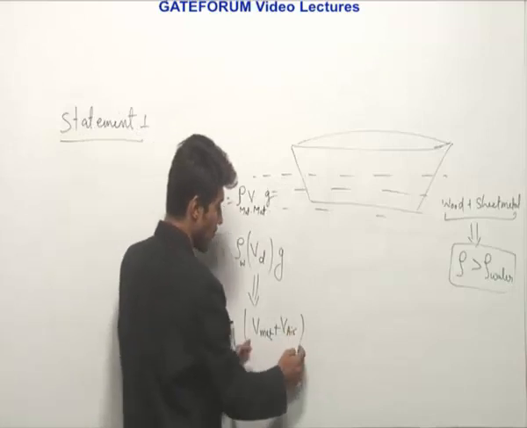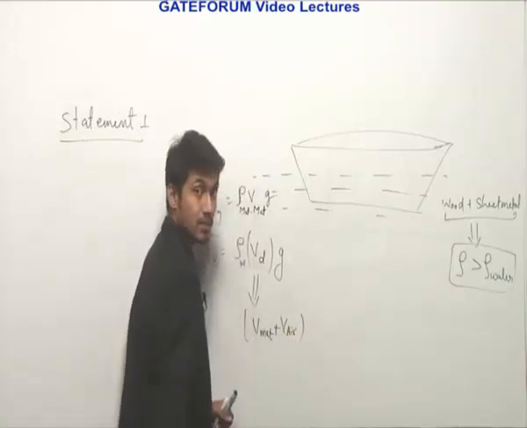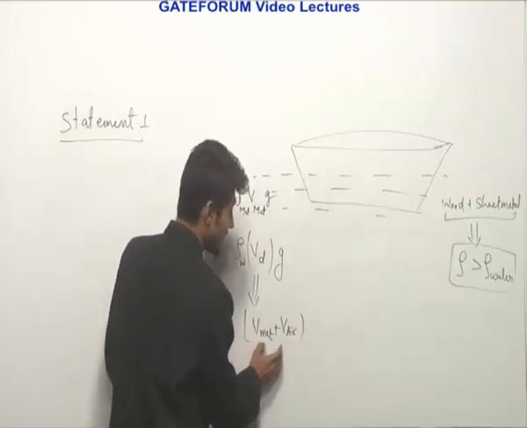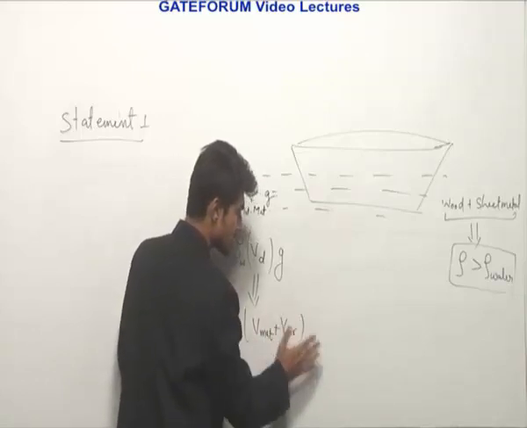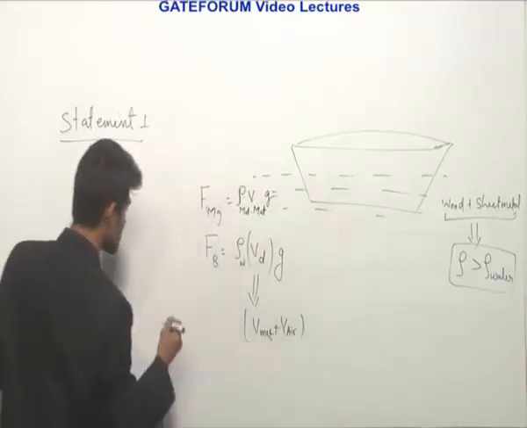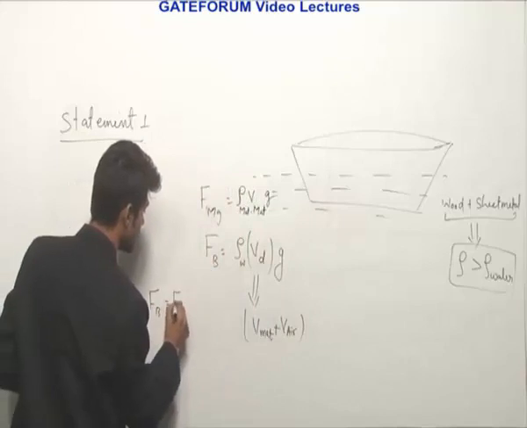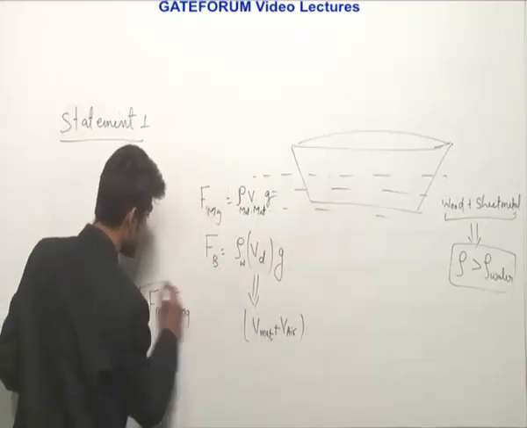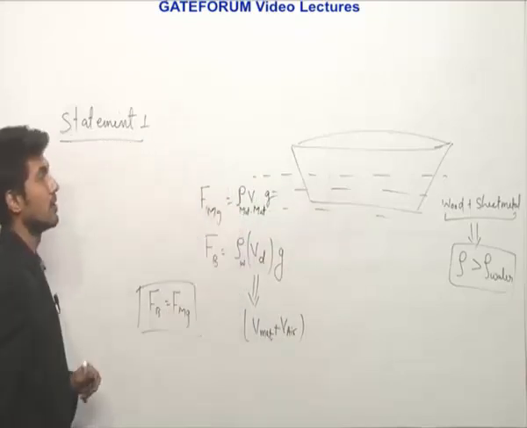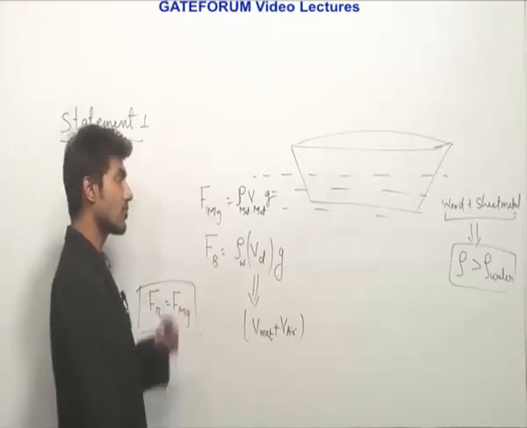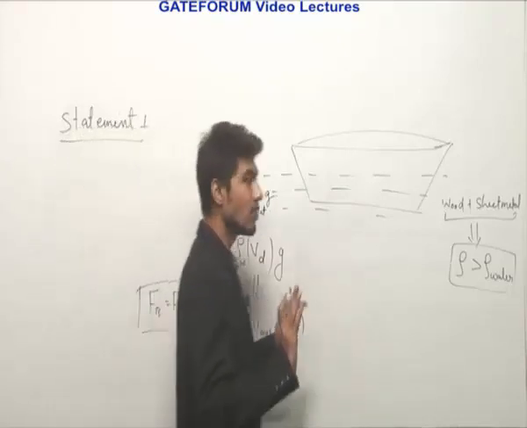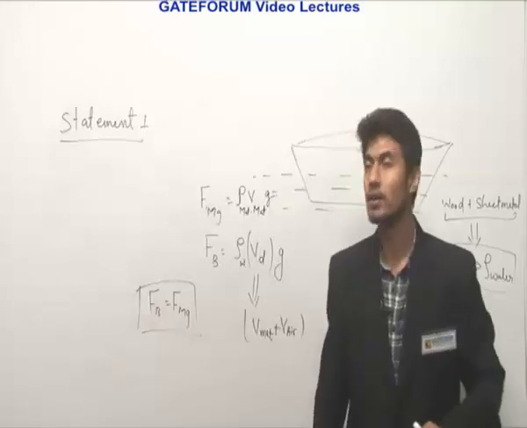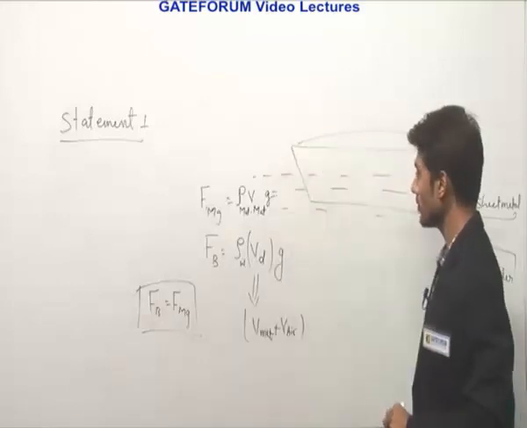So total volume is increased from material. If the air is in such a volume that this buoyant force becomes equal to mg, which is possible, and usually this is the only reason why a boat can float. So the boat will float. That is correct. So statement first is partially correct till now. If hollow face is upward, the boat can float.